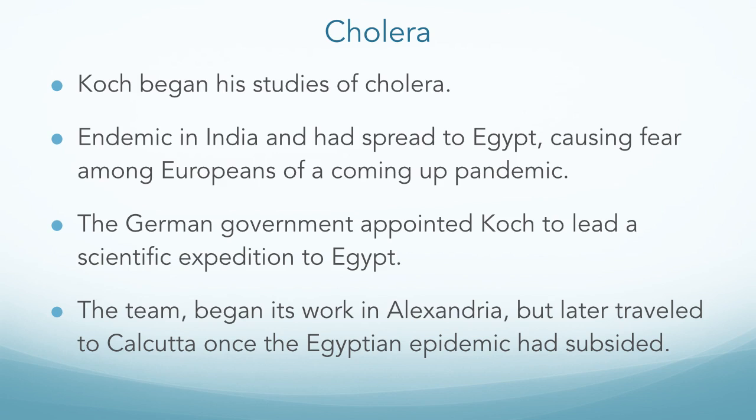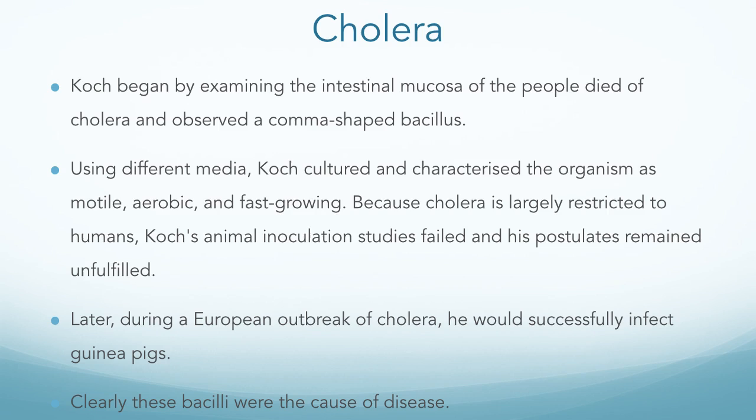So, Robert Koch traveled from Egypt to Calcutta, where the disease was endemic. In Calcutta, Robert Koch started examining the intestinal mucosa of the people who died because of cholera, and he observed comma-shaped structures in the intestinal mucosa which were not present in the mucosa of normal or healthy individuals.